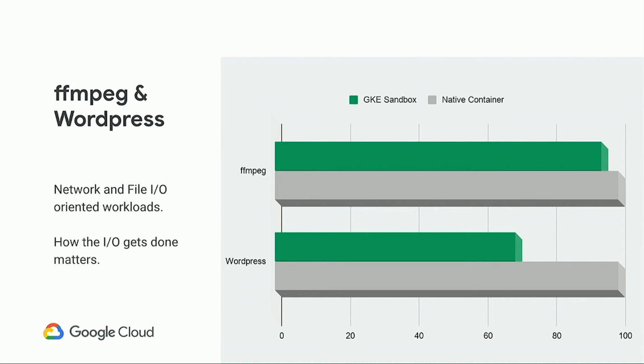Compared to WordPress, which issues I/O one by one, FFmpeg gathers I/O in a very nice way so that GKE Sandbox doesn't have to take too many cycles from you. It's only about 5%, which is pretty much the cycles we need to give you back this isolation, which will lead to the cost efficiency.